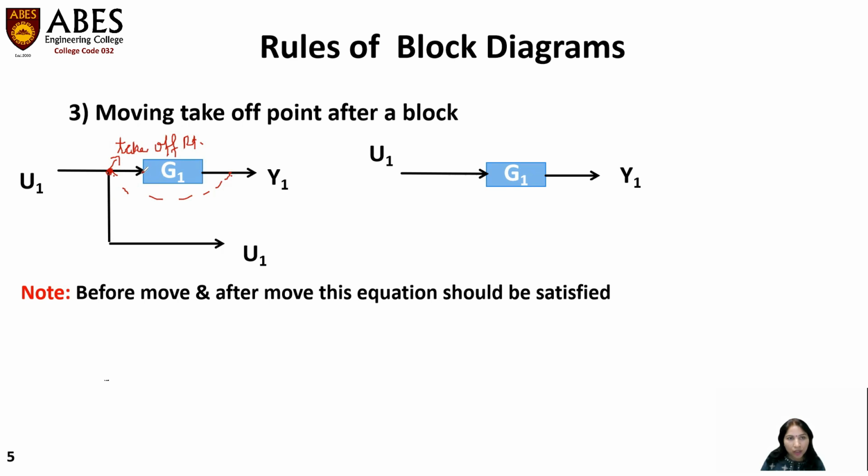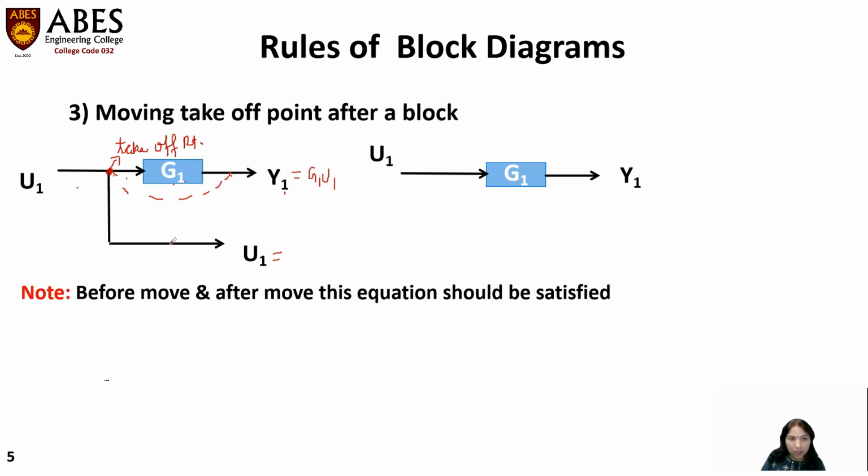So while moving this point after the block, we have to remember one thing, that whatever the output presently I am getting as y1 and as u1, the same thing I should get after moving this point, right? So just see. Presently, y1 is having how much gain? G1 into u1. This signal u1 is coming, multiplied by g1, we will get the y1. So presently, y1 is g1 into u1. And here, u1 input is coming.